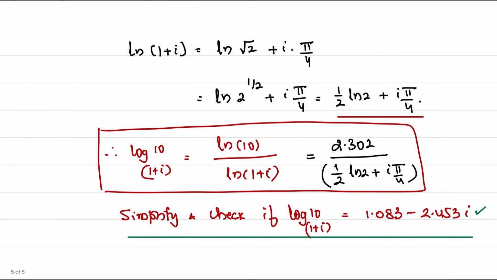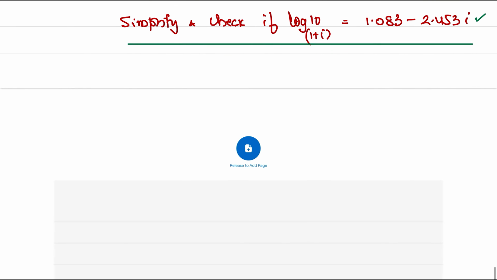Now, the homework is this: we have taken the principal values. Theta changes, the argument changes for ln(1+i), keeping that formula intact. For different arguments, you try to find out solutions. And this is one of the solutions, taking principal values.